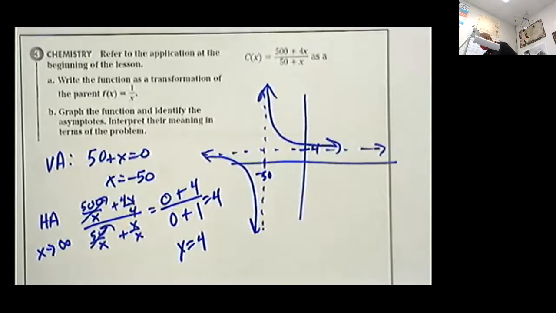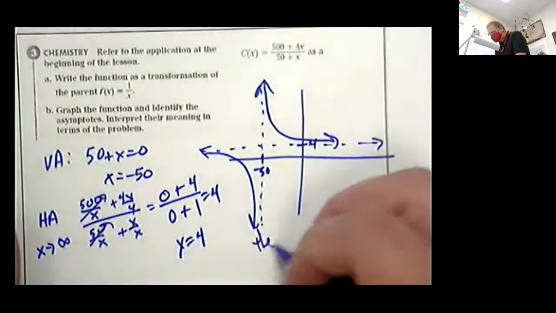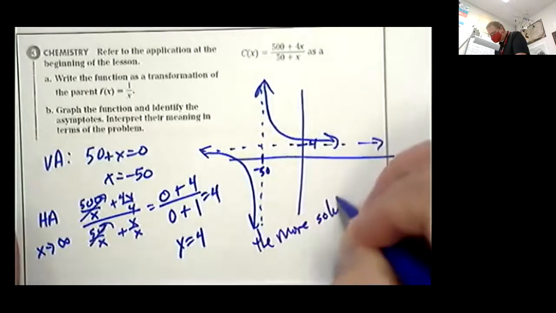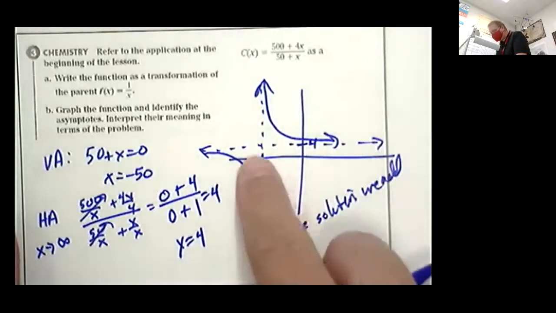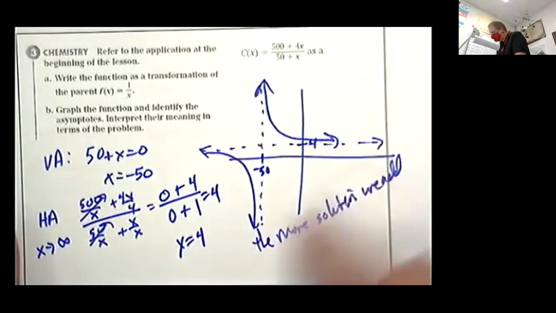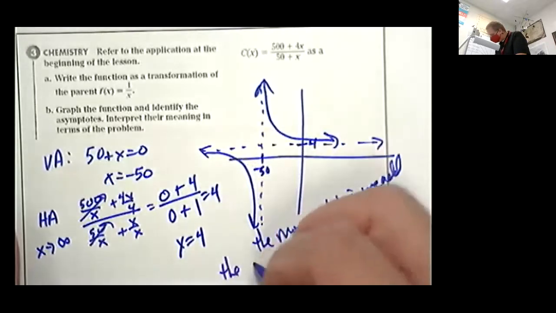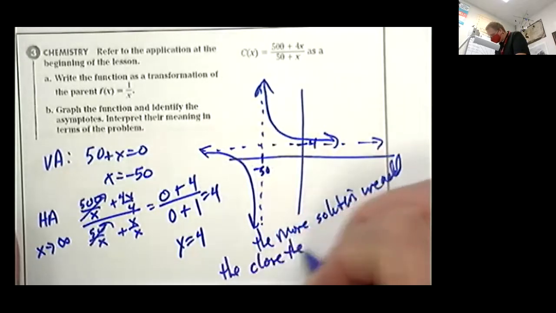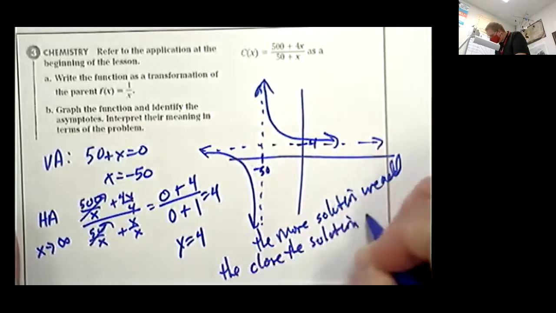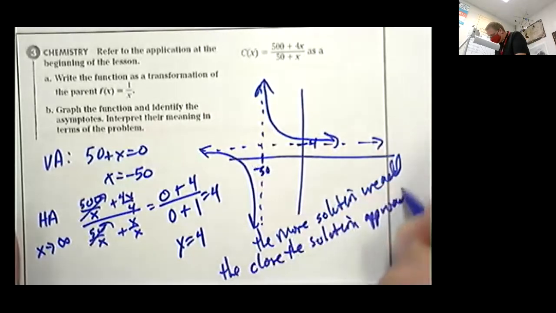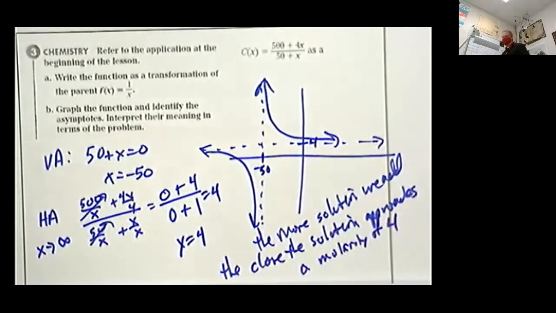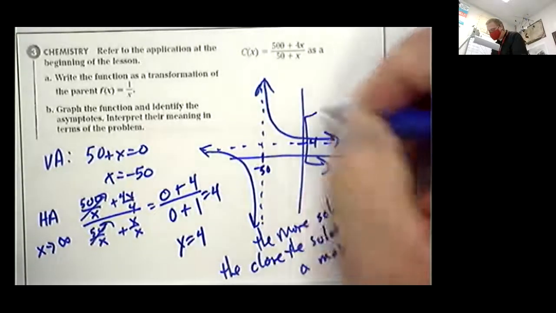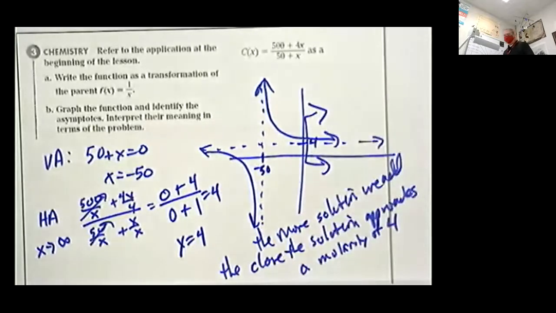If you actually went back and read the problem, the more we add, the closer the solution gets to a molarity of 4. And really what can happen, it can never really be negative. So really we're just looking at this part of the graph in a practical sense.